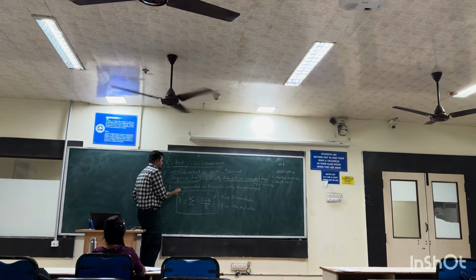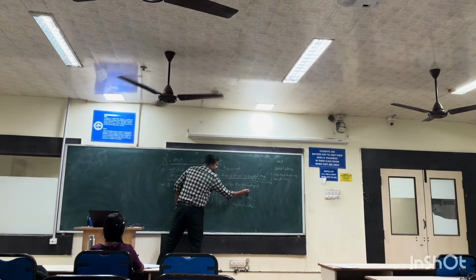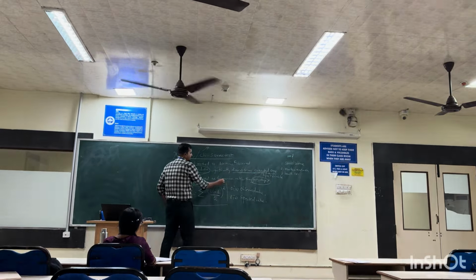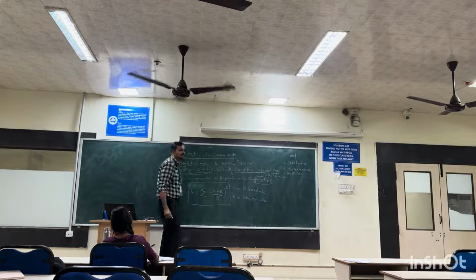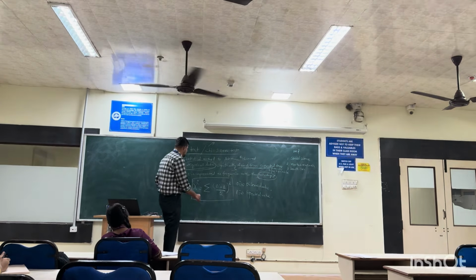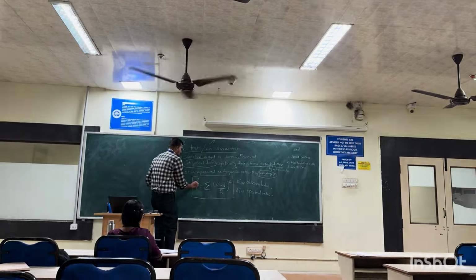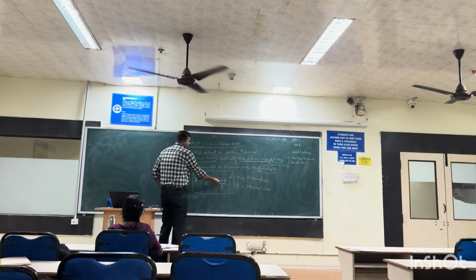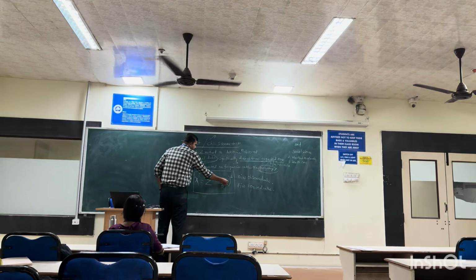So instead of representing the percentage, here the data will be represented in the form of frequencies, rather than percentages. This is the formula for the chi-square test: summation of (Oi minus Ei) whole squared by Ei.